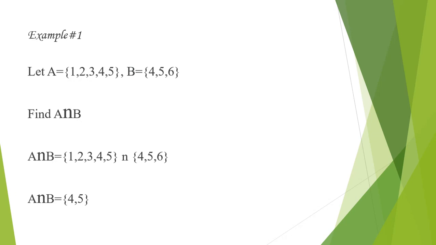Set A has 1, 2, 3, 4, 5, and set B has 4, 5, 6. Which elements are common? 4 and 5. Yes, 4 and 5 are common between A and B, so that will be your answer. Intersection means the common elements between two sets.